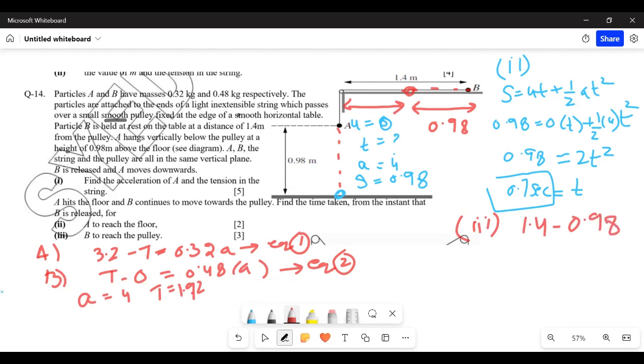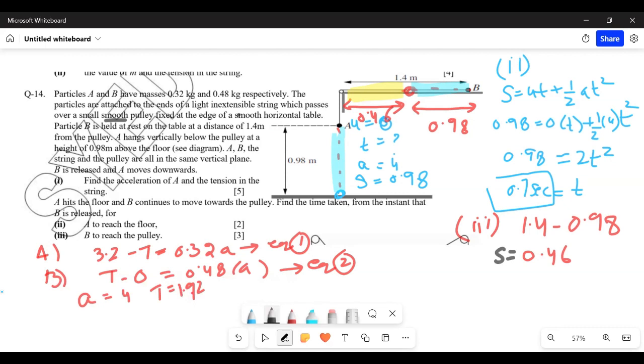Let me check, it's actually 0.46. So we know S for this second part of the journey. The first part of the journey is the same as this journey.